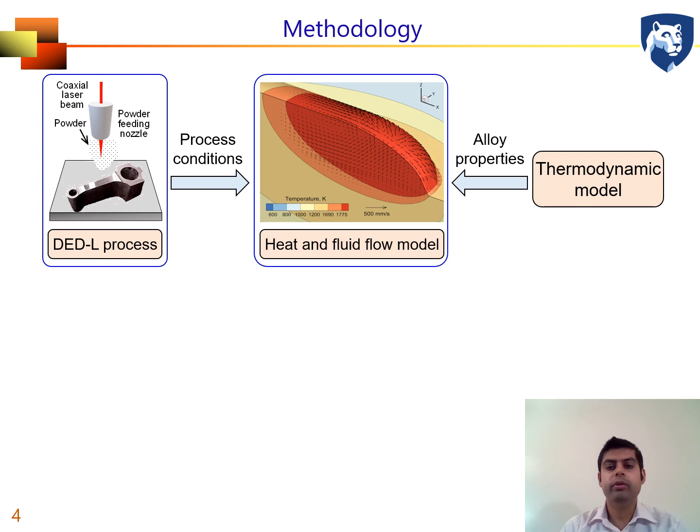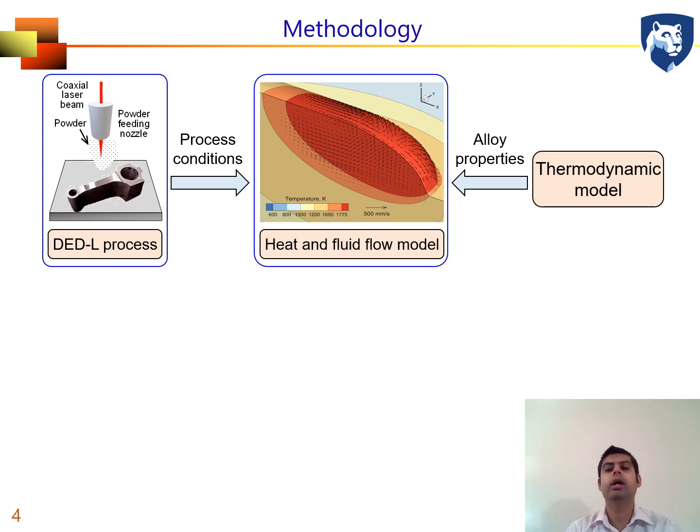The heat transfer and fluid flow model takes the process conditions from the experiment, and a thermodynamic model using a commercial package, JMatPro, is used to compute the thermophysical properties of grade 91 steel, that is, density, temperature dependent thermal conductivity, temperature dependent specific heat, and so on.